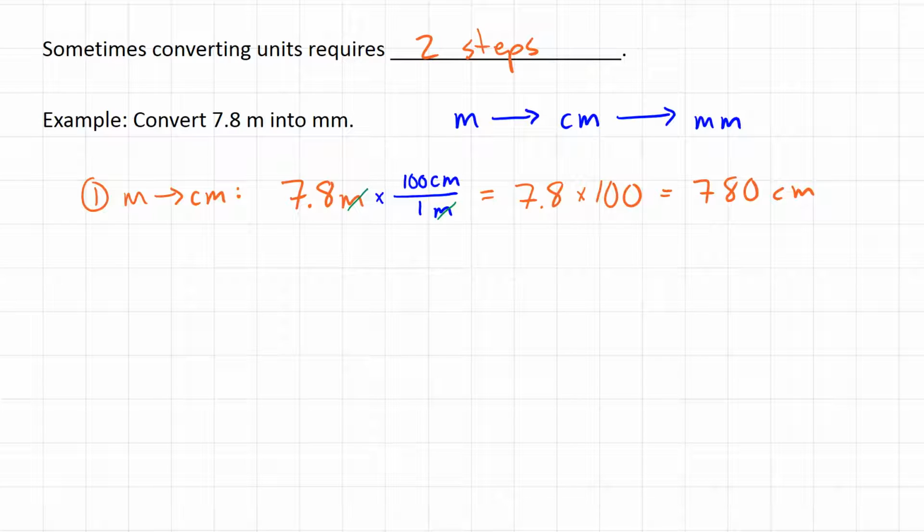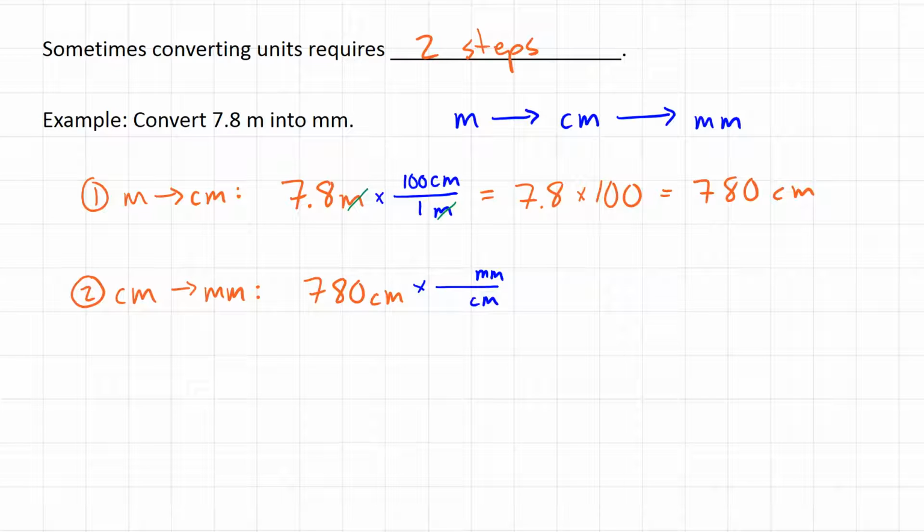So we've done part of our conversion, but now we have to get from centimeters into millimeters. So this is the second step. Now we take our 780 centimeters and we're going to multiply it by a different fraction. This one has to get rid of centimeters, so I put centimeters on the bottom, and it has to leave us with millimeters, so I put millimeters on top.